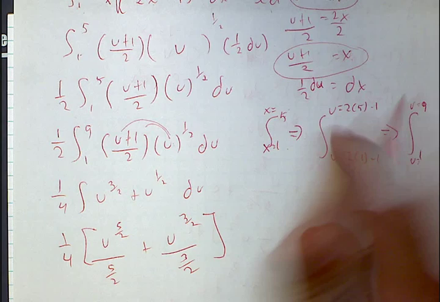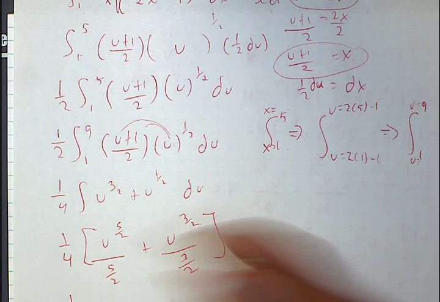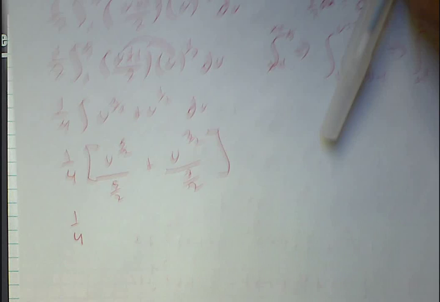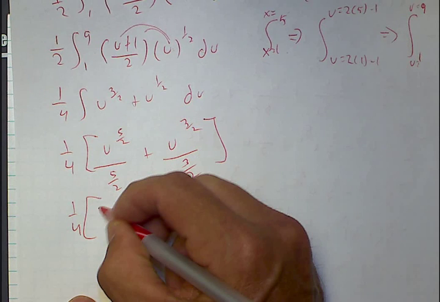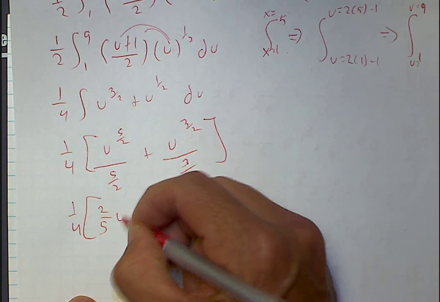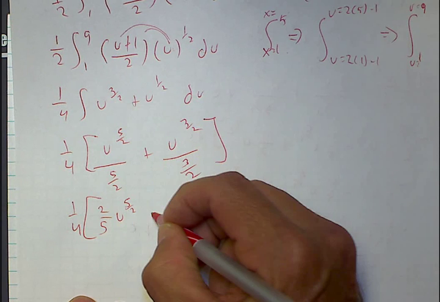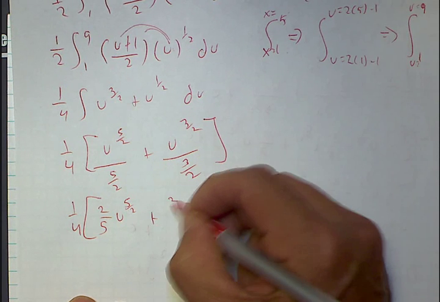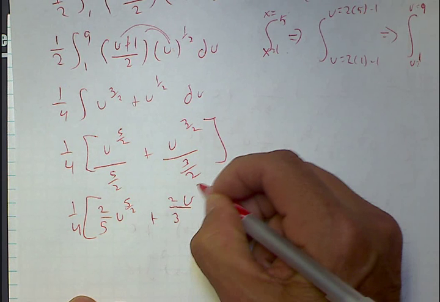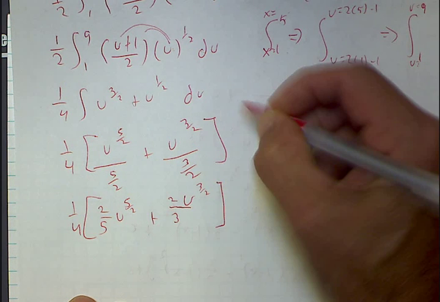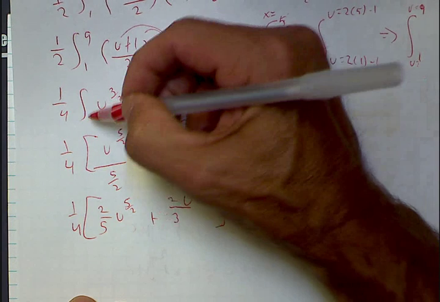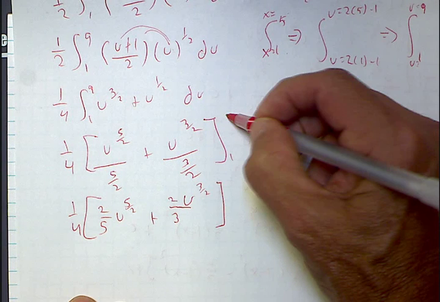All right, so that's 1/4 times 2/5 u to the 5/2 plus 2/3 u to the 3/2. I'm going to evaluate this from 1 to 9.